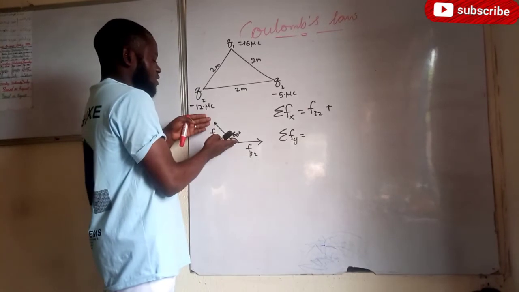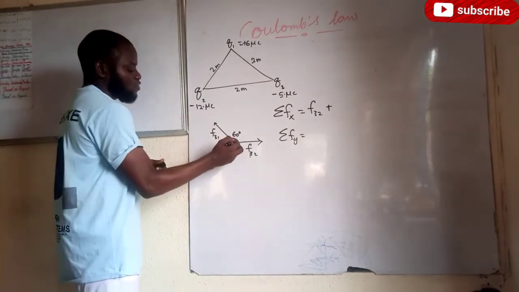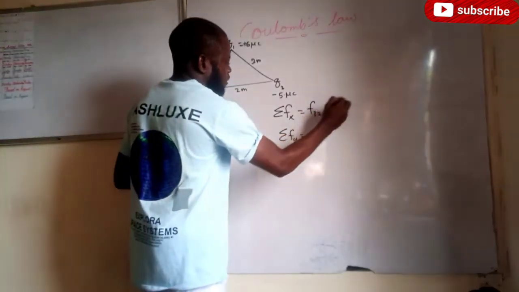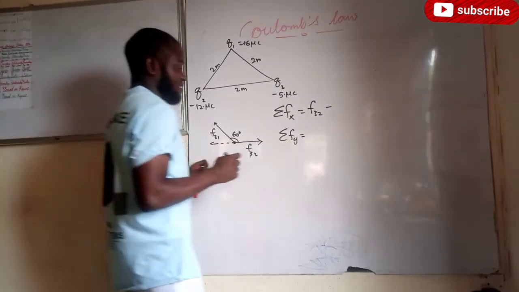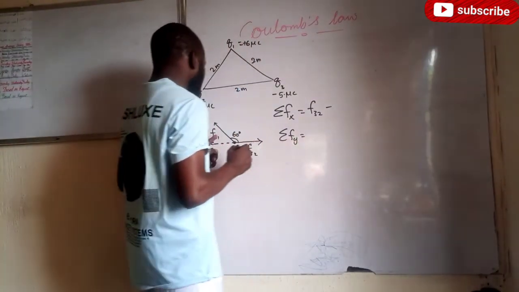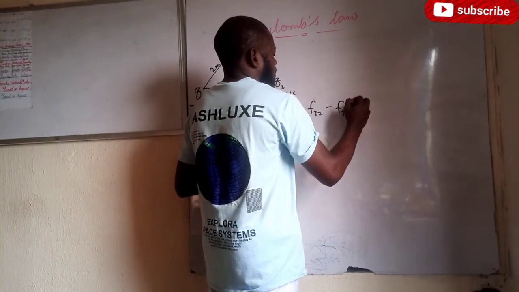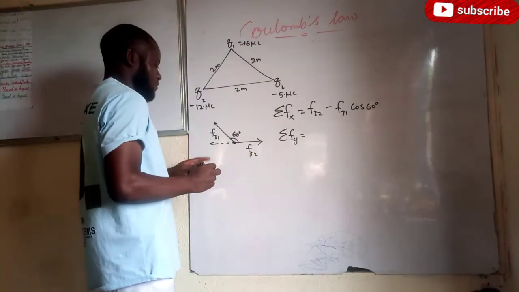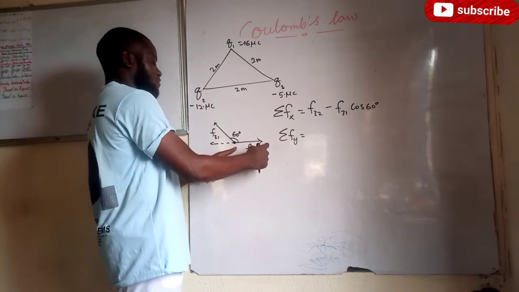Then for this one now, because this body is moving, the x component of this one is towards the negative axis. So instead of having plus, we are going to have a negative. Then this angle is also 60 degrees. Sorry. So we are going to have F31 times cos of 60 degrees. Are we together now? And for the vertical component, this one does not have a vertical component.